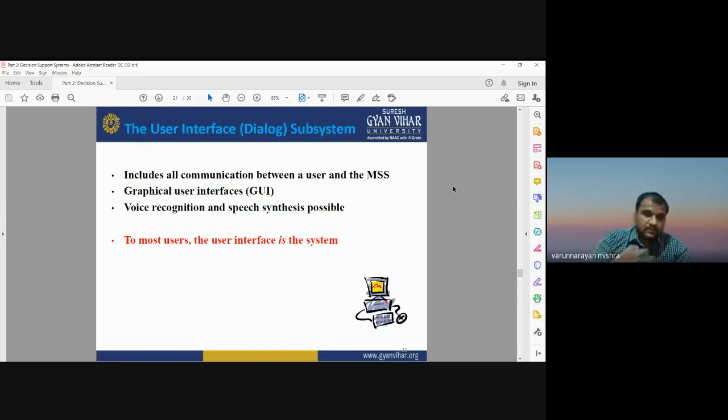A normal person who is not from a technical background, who does not have good knowledge about database management systems or database modeling, should be able to easily access the option to get the desired result and operate the decision support system. So this is the user interface subsystem.